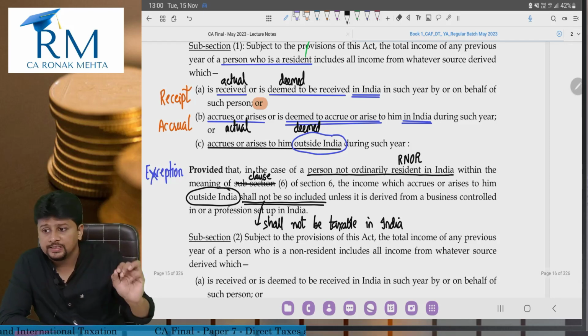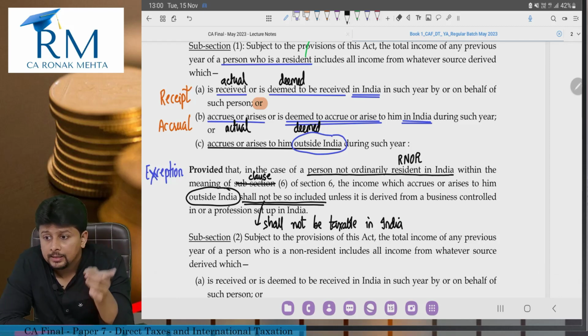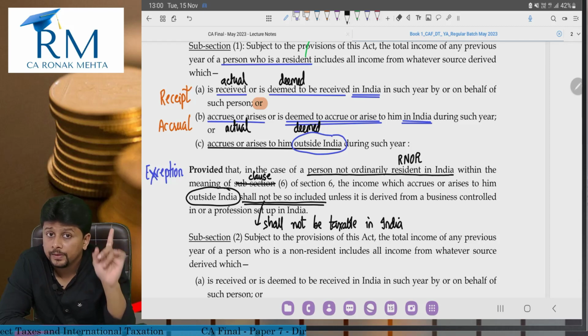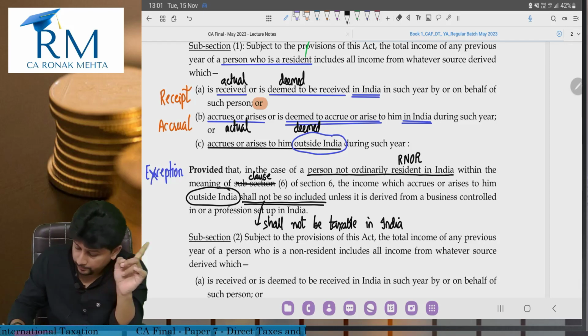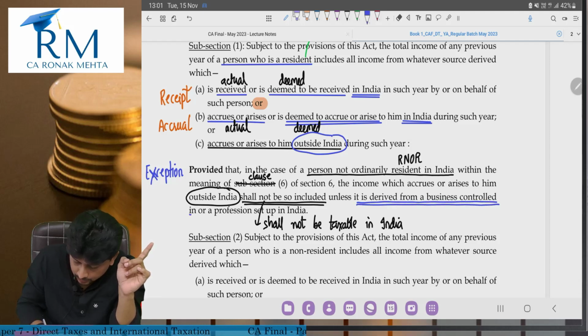So if you are a resident but not ordinarily resident, then the income which accrues outside India shall not be included in your total income unless and until it is derived from a business controlled in or a profession set up in India.